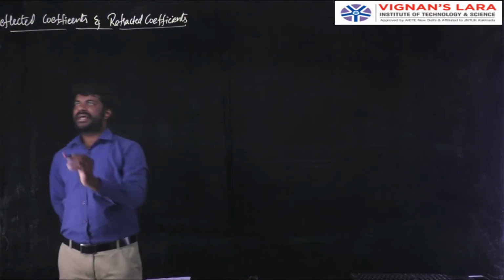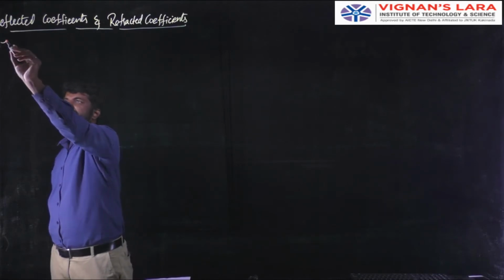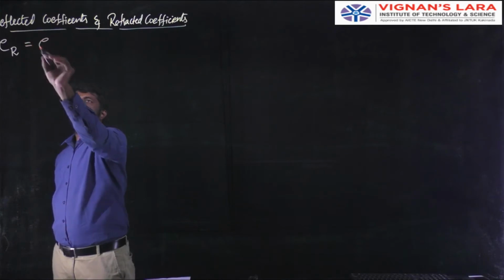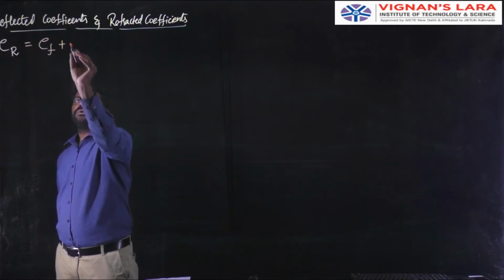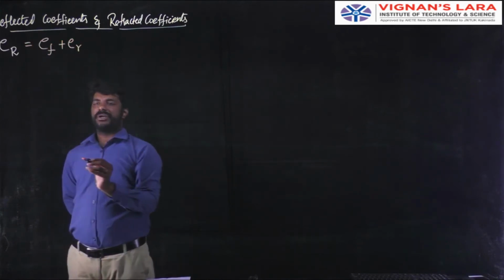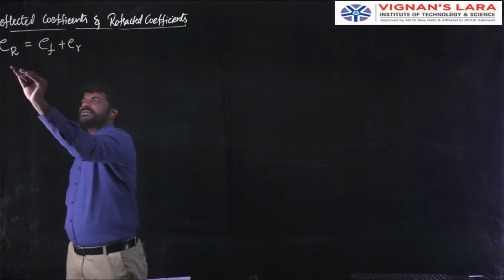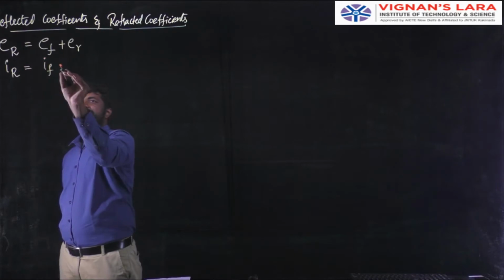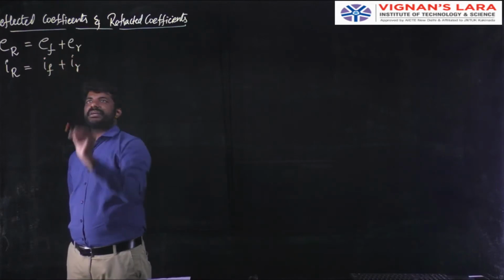In the last class discussion it is very clear that the resultant voltage is the summation of the incident voltage and the reflected voltage, whereas the resultant current is the summation of the incident current and the reflected current.